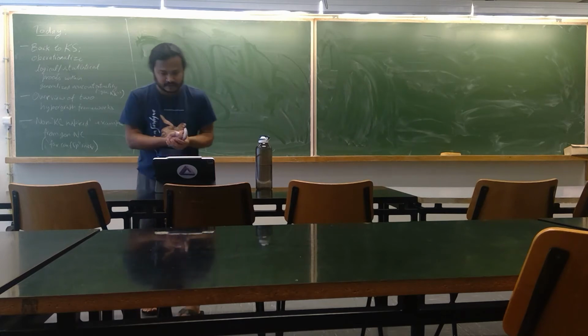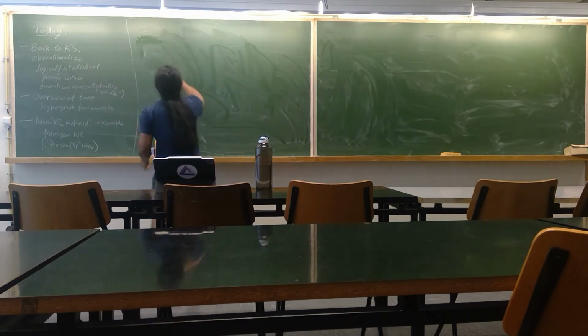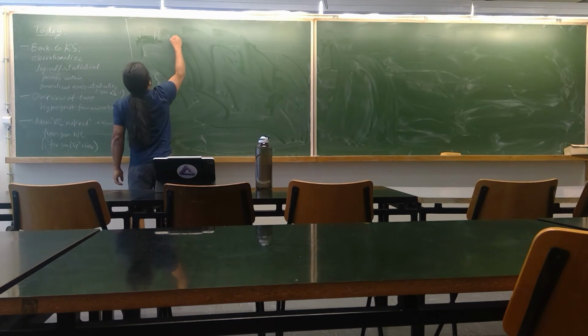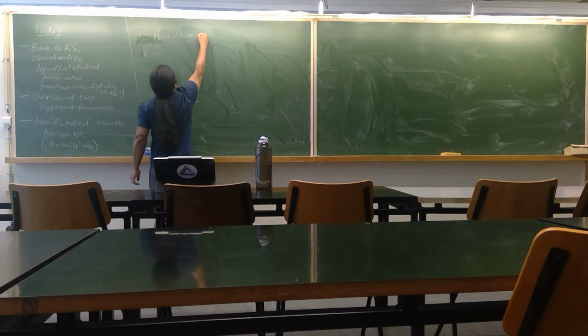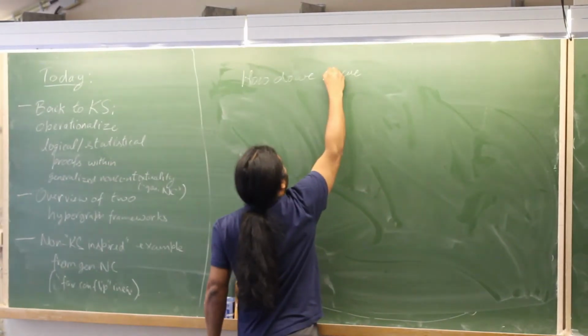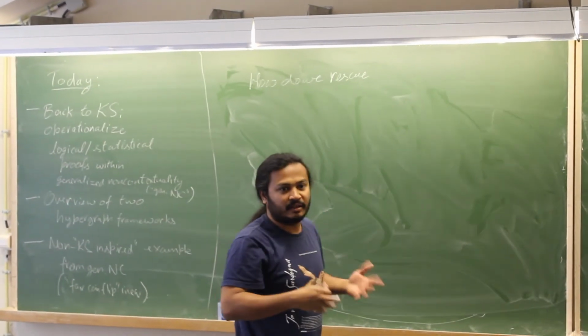Okay, so this is the question we are answering: how do we rescue the type of non-classicality hinted at by the KS theorem without assuming outcome determinism? Because the Kochen-Specker theorem is saying something interesting. It's just that it's not saying it in the most operational way possible.